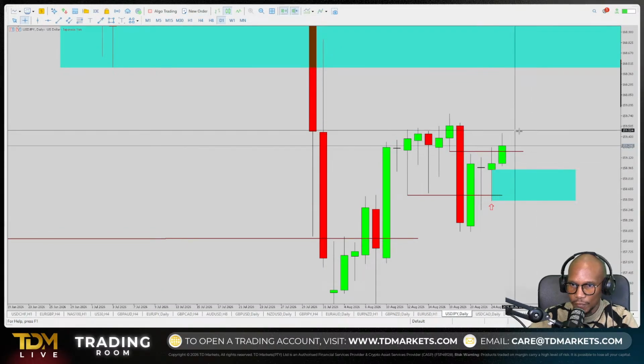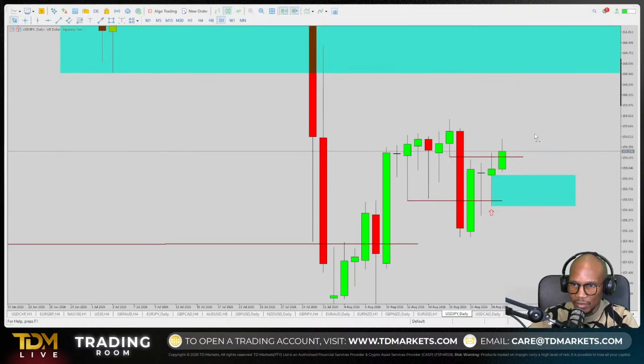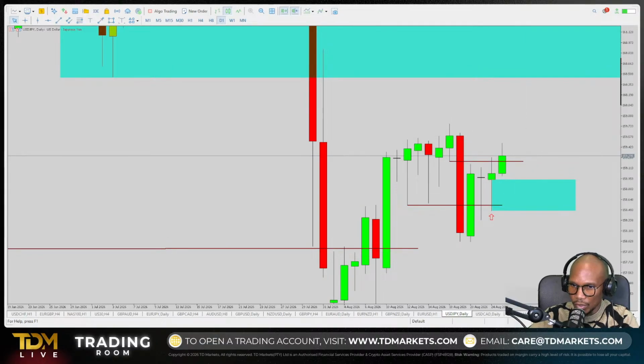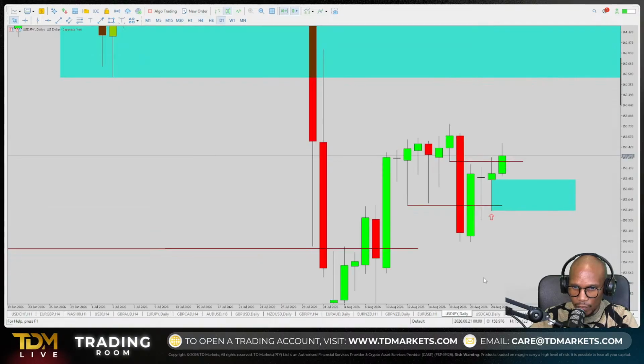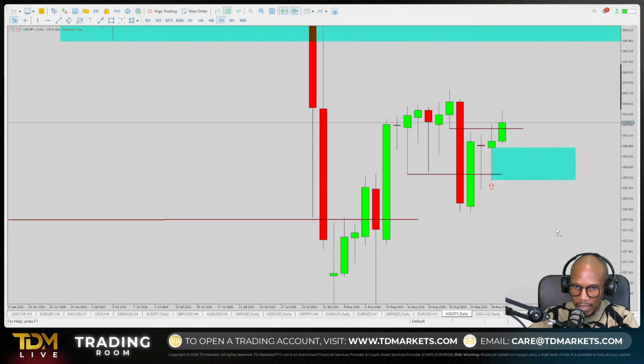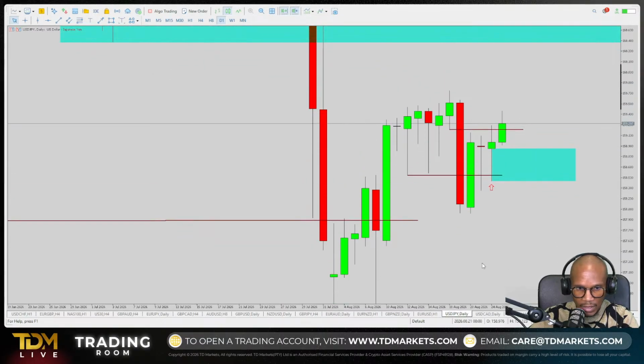Nothing has moved, the setup is still there, so you're just going to look for your entries. NZD JPY, the same thing. Swiss yen, also the same thing. So when it comes to the yen pairs, guys, still the same. You're just going to look for your setup entry points there.